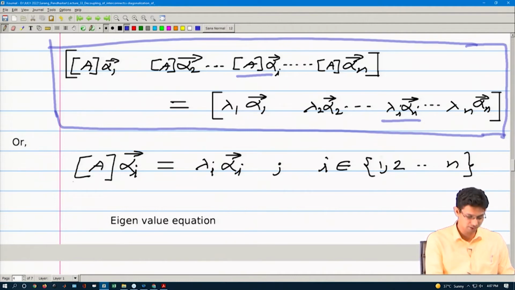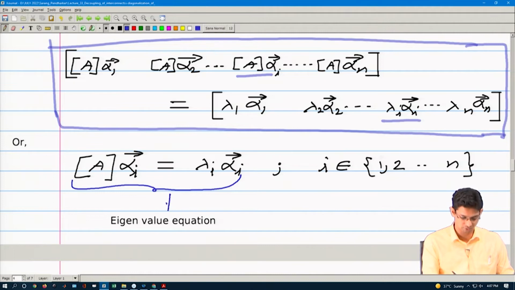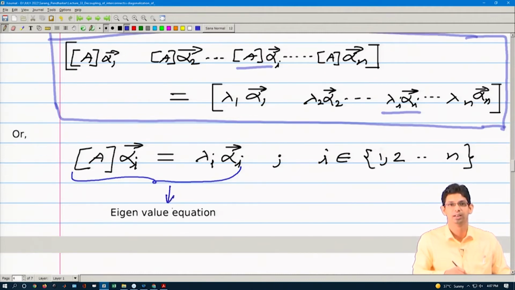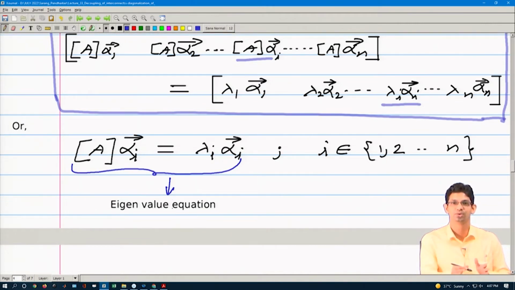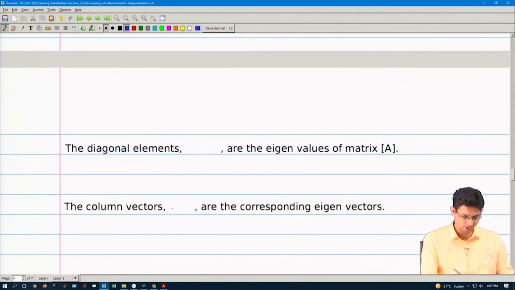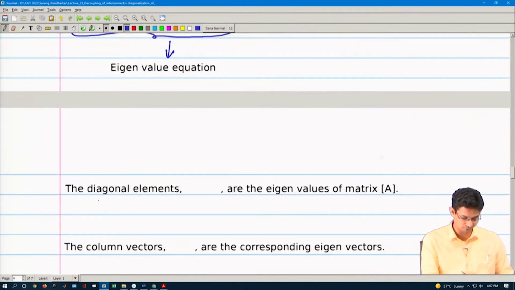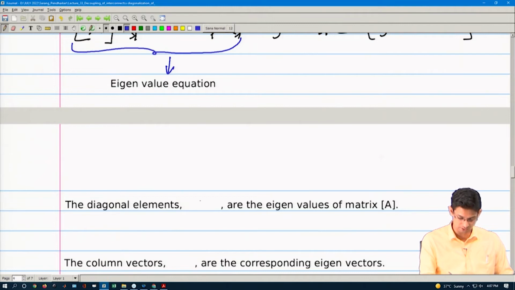Now, interestingly, this might be familiar to you. This is what we have studied as eigenvalue equation. So, you might have studied this in your undergraduate maths. The problem now is reduced to finding eigenvalues. So, what we have to do is we have to find the diagonal elements.